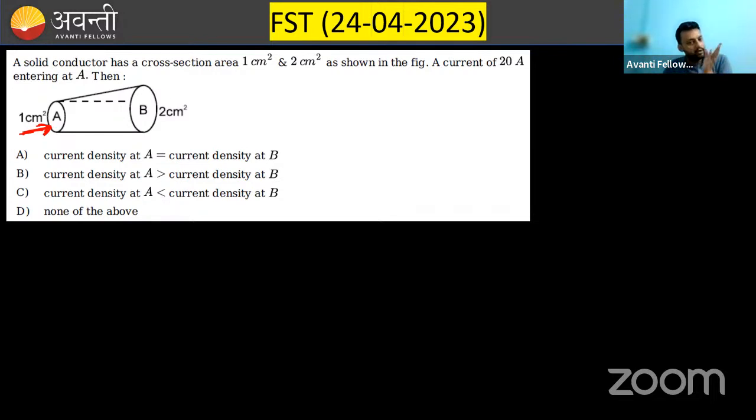That means this current will also come out from B. That means the current coming out of B is also how much? 20 ampere. Entering is 20 ampere and coming out is also 20 ampere. So the current will be the same at both the ends. One thing that is clear.